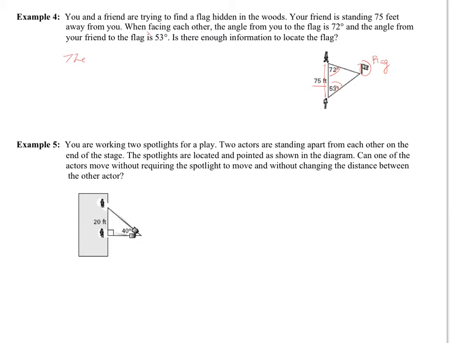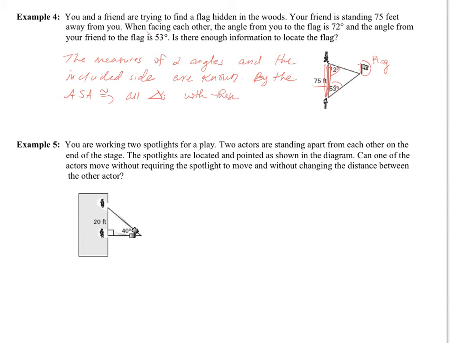Since the measures of two angles and the included side, so this would be the included side, are known, by the ASA congruence, all triangles with these measurements are congruent.